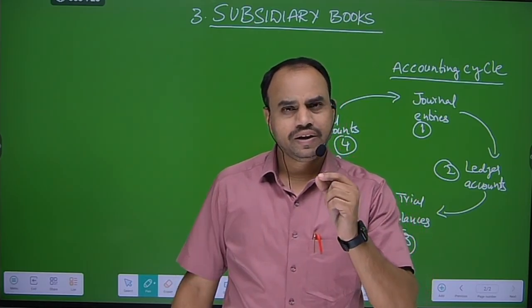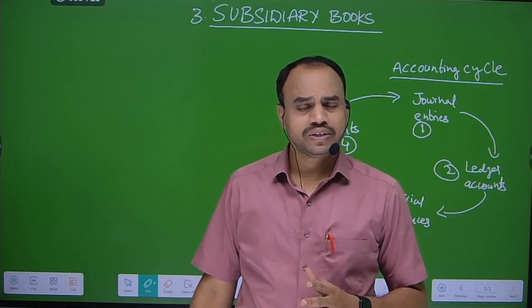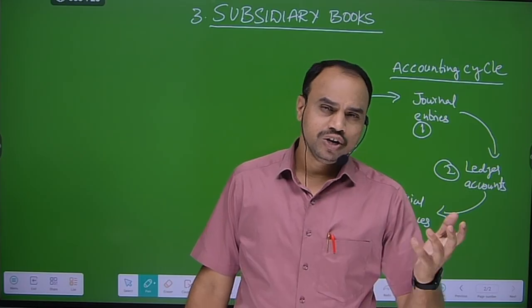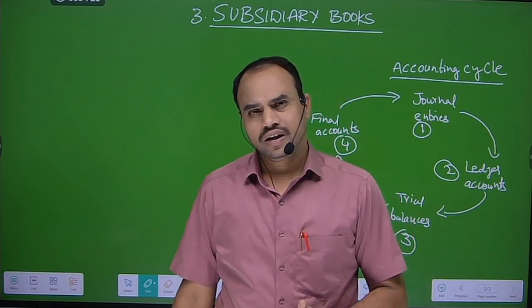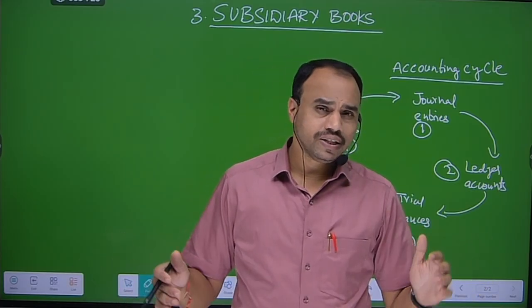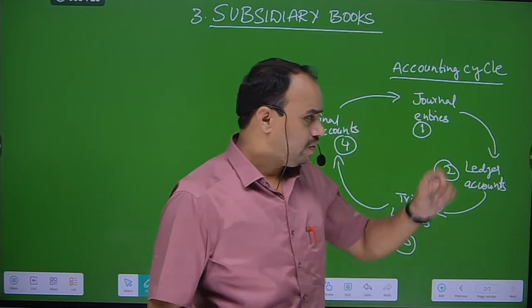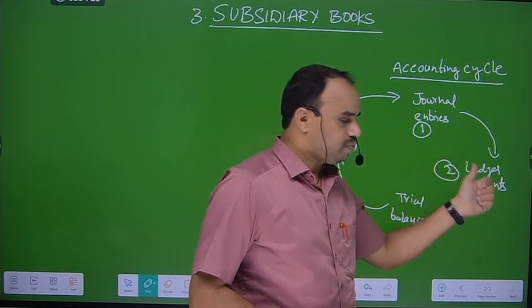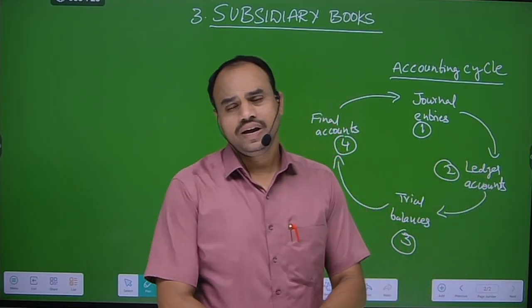Per day, lakhs, crores of transactions happen, because so many people are purchasing goods from Amazon. For them, it is not possible to record a journal entry for every transaction, and they are unable to prepare ledger accounts.